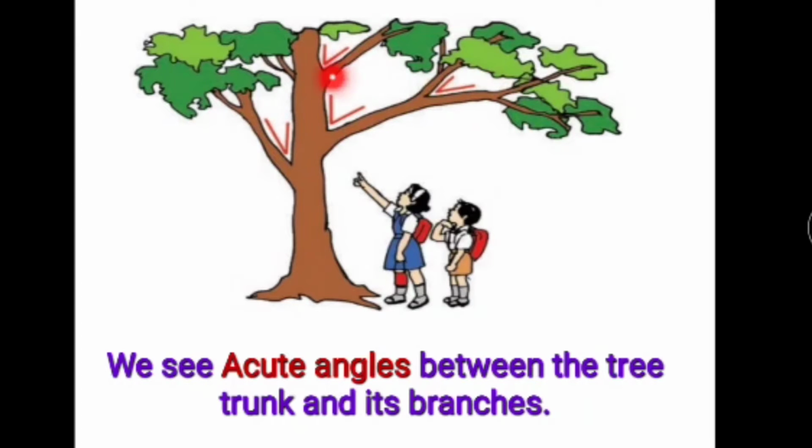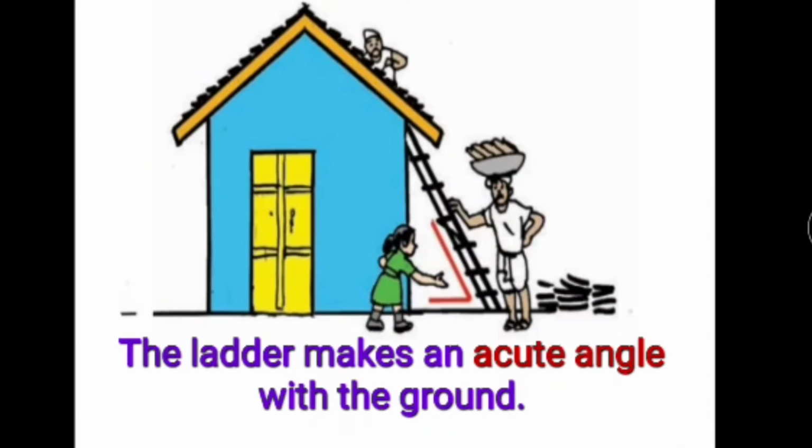Here are acute angles. Now the ladder makes an acute angle with the ground. Now children, always remember that an acute angle is smaller than a right angle.